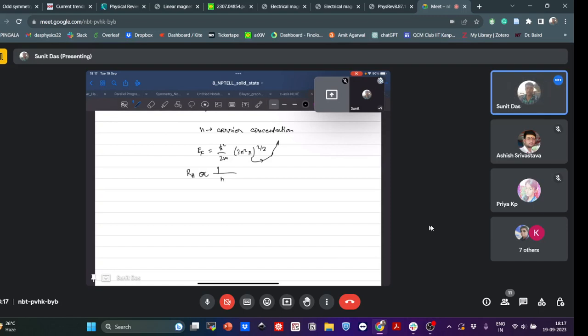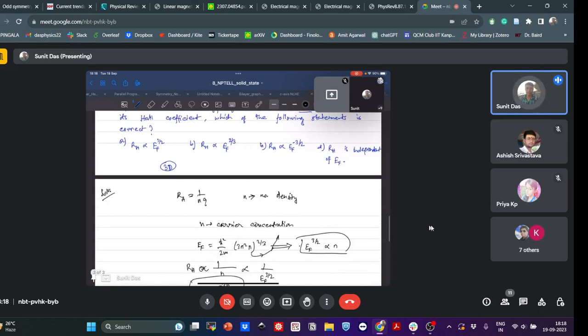Now from this relation, EF to the power 3 by 2 will be proportional to n, right? So if we use this one, then RH is proportional to EF to the power minus 3 by 2. So option C is correct.